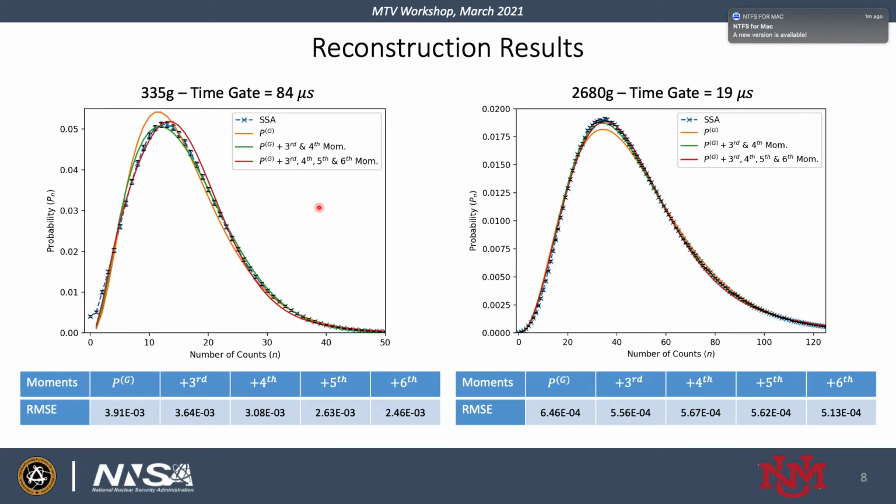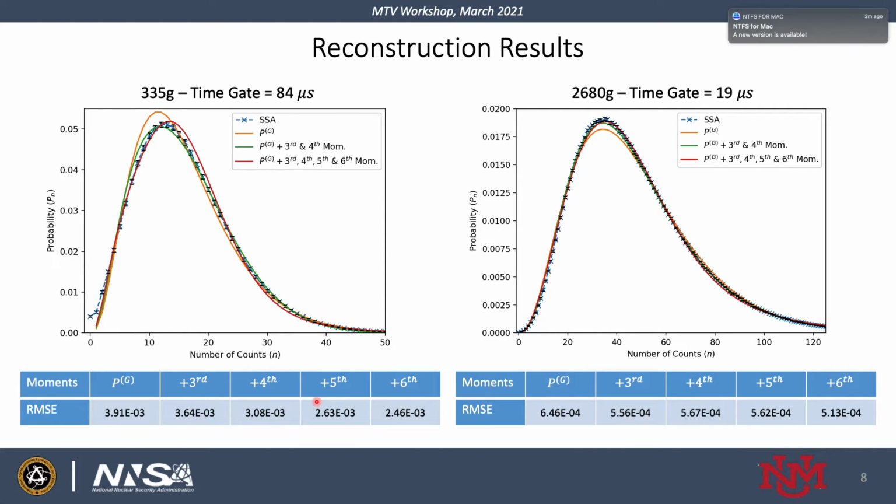The standard deviation of the SSA simulation was about 1% at the peak, and it goes up to 15% at the tail. And you can see that adding up to 6 moments does a good job at capturing the distribution, but even 4 does good as well. And the table at the bottom here shows how the root mean square error decreases as more moments are preserved.